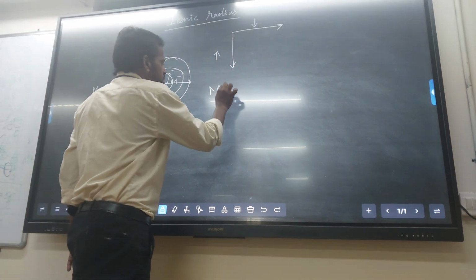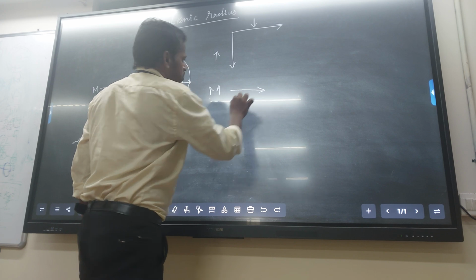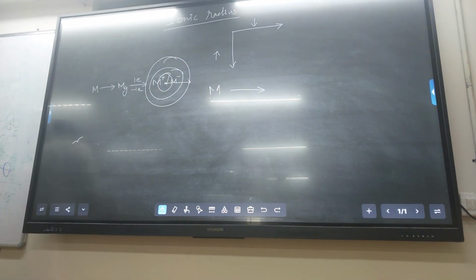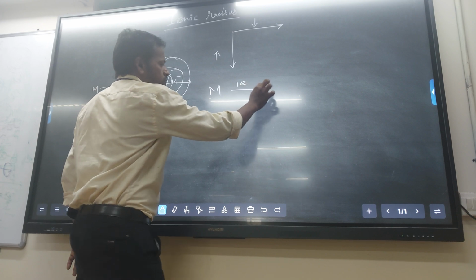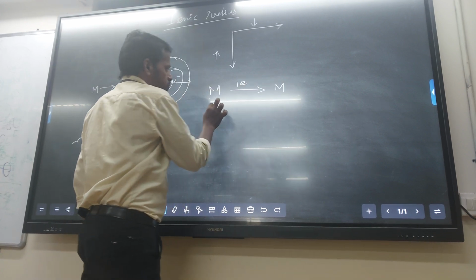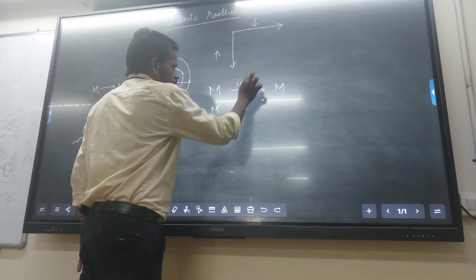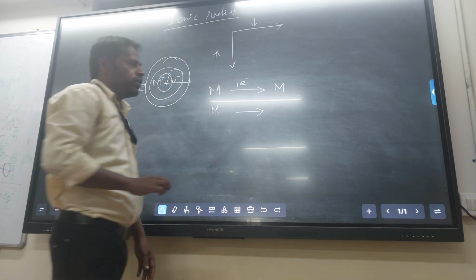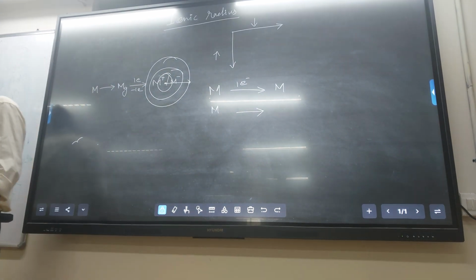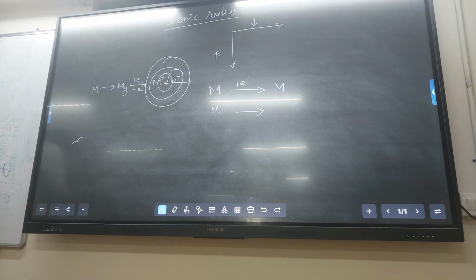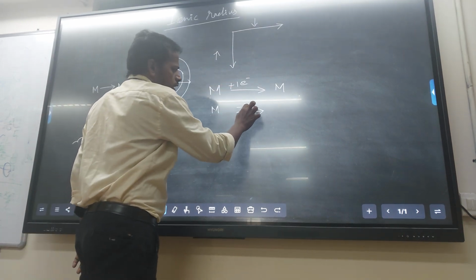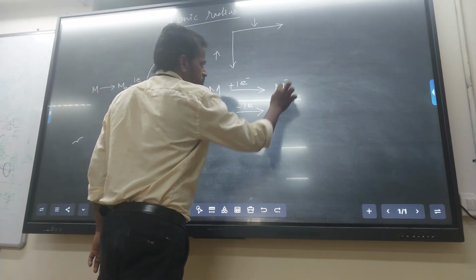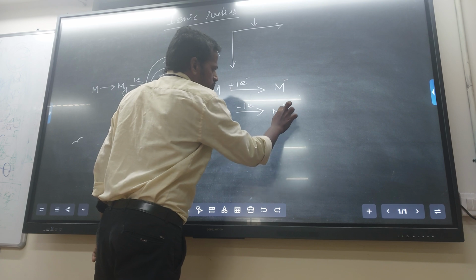For example, M is there. Okay, when M means metal, you add one electron or remove one electron, and you get M minus or M plus.